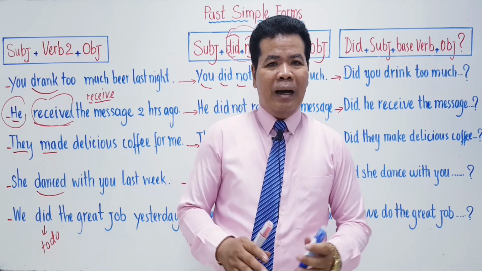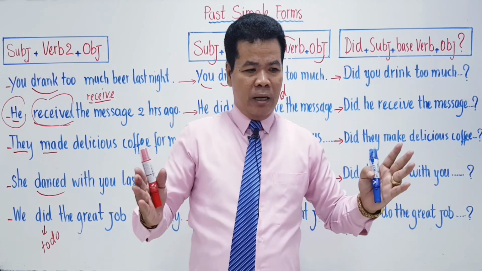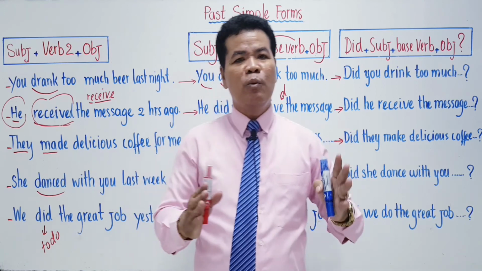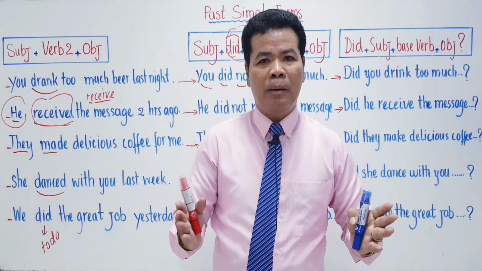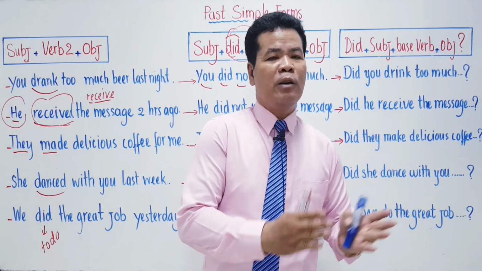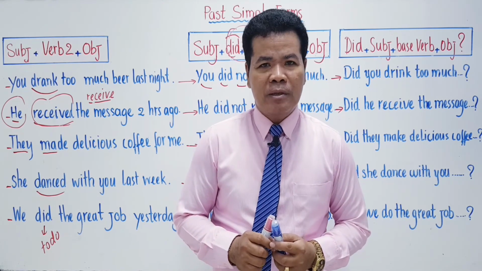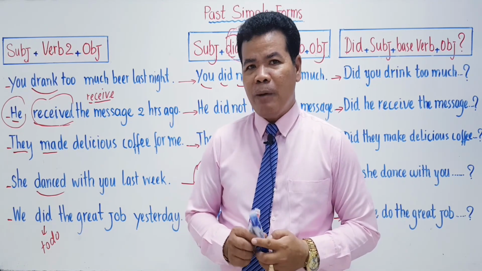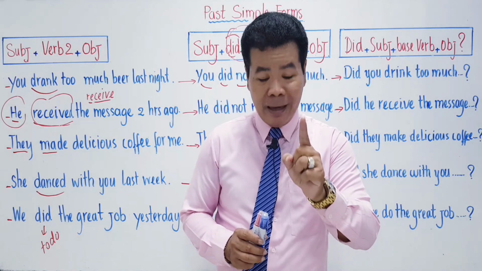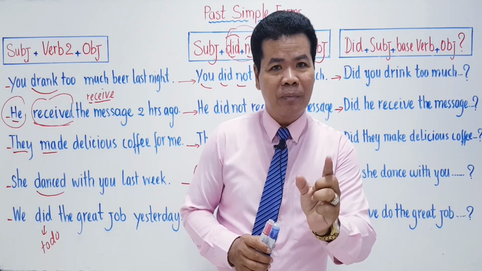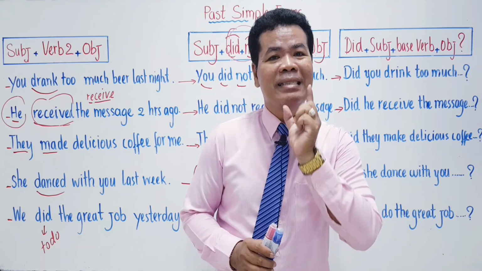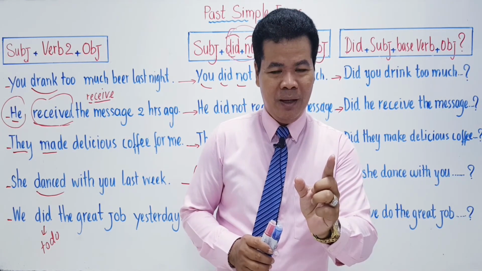So let me remind you once again about how to form the positive, the negative, and the question. We form the positive sentence of the past simple by using subject, and then the second verb, where the past verb exists.